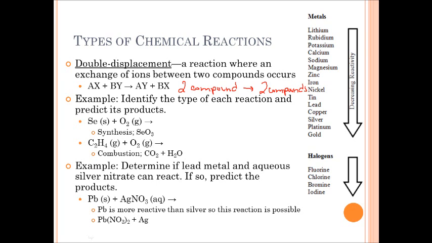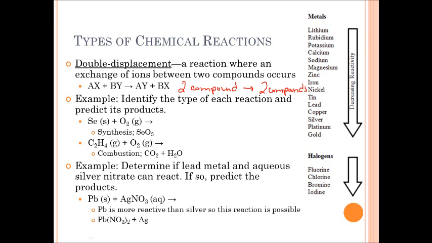So if we have 2 elements as our reactants, that is going to show us that we are going to have a synthesis reaction occurring, because you're going to take the 2 elements together and you're going to make a product. So the first thing we know is that we are going to have a synthesis reaction occurring.